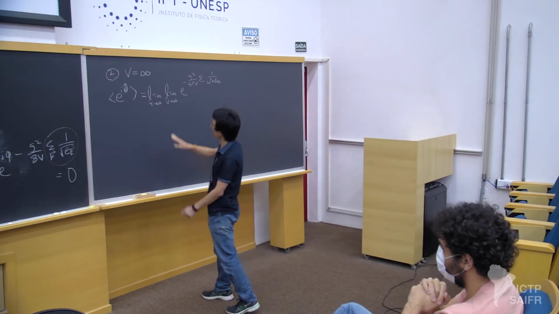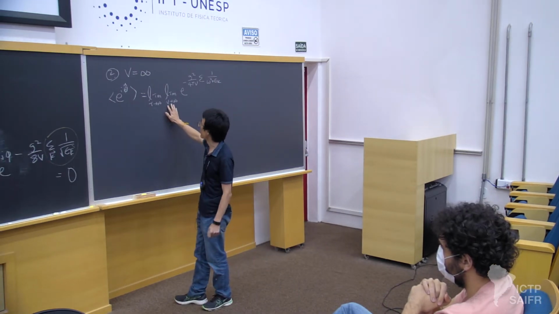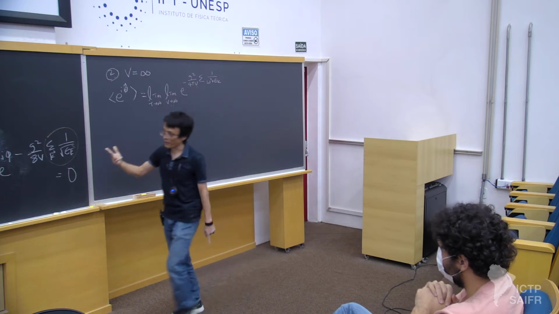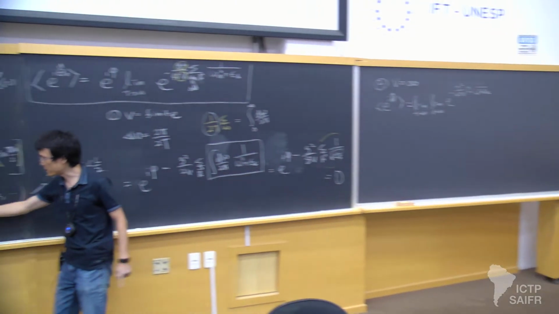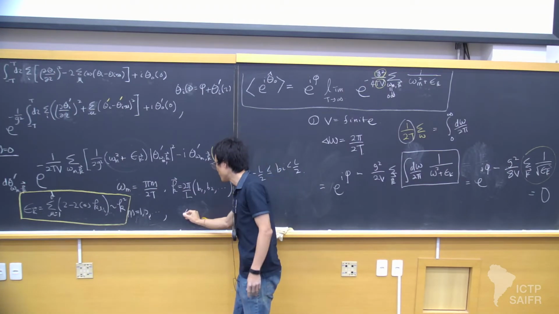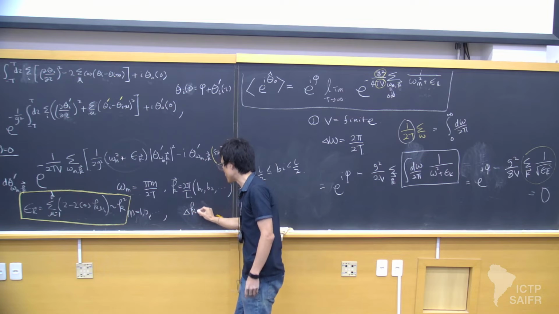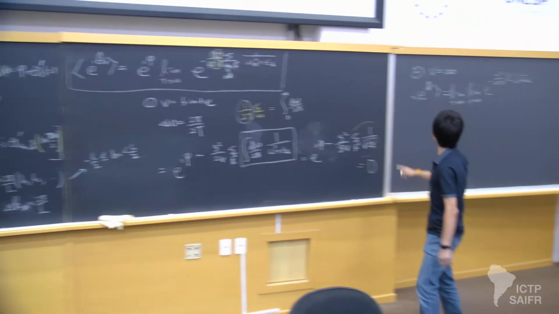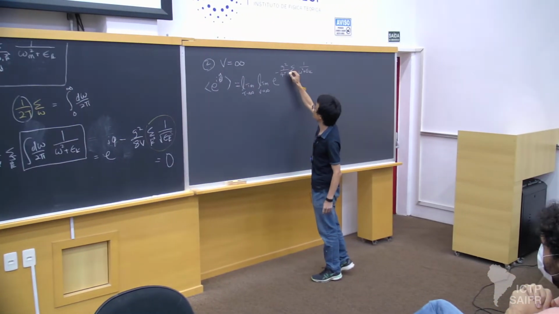Then the first thing that happens is that, again, when V is very, very large, the spacing between different discrete momenta also goes to 0, with the momentum spacing in each direction being 2 pi over L. Okay? And here, this factor of V is L to the D, right?